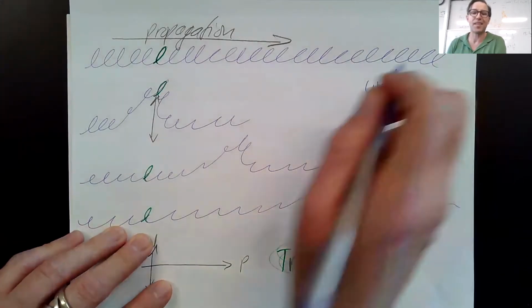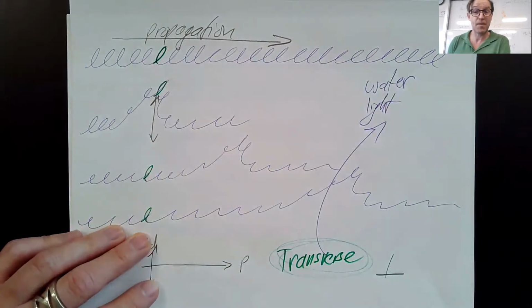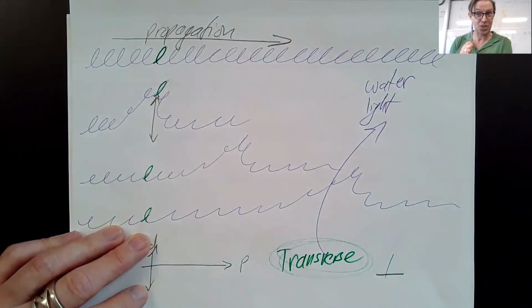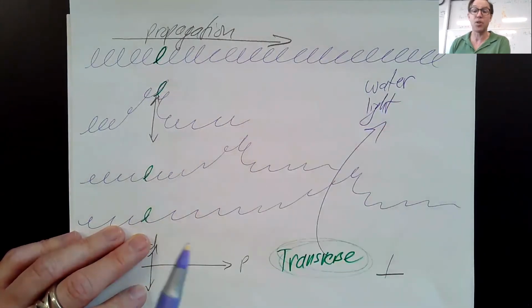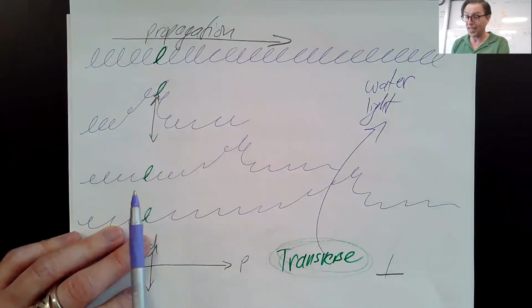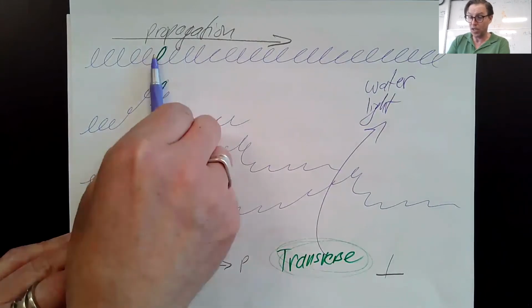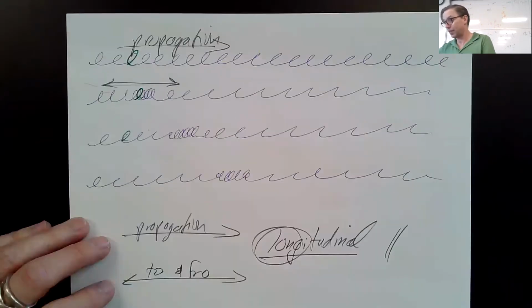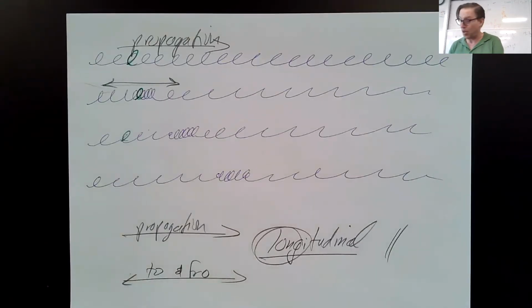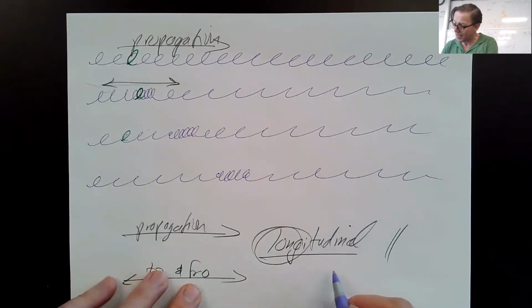We're not going to talk about light in AP Physics 1, but I hope you're going to take AP Physics 2, where we will talk in a lot of detail about light. And I will show you why light is a transverse wave. And I'll tell you what it is that's perpendicular to the direction of propagation, something to be excited about for next year. The classic example of a longitudinal wave is a sound wave.